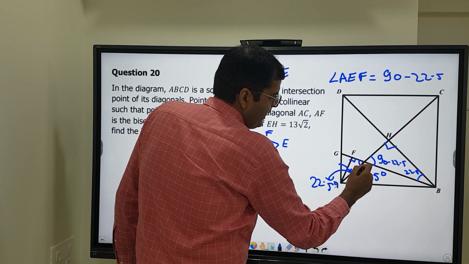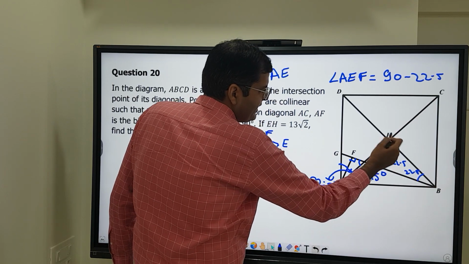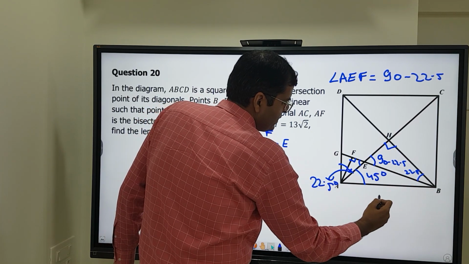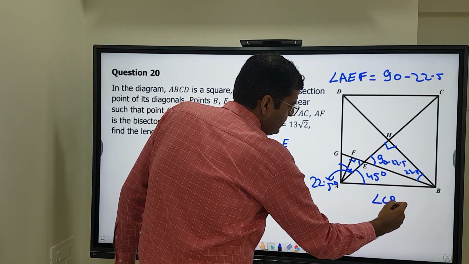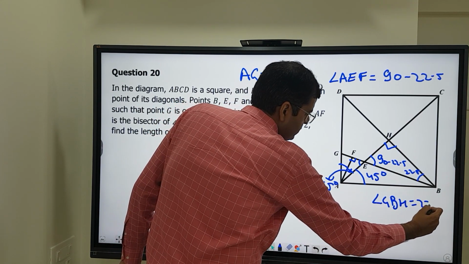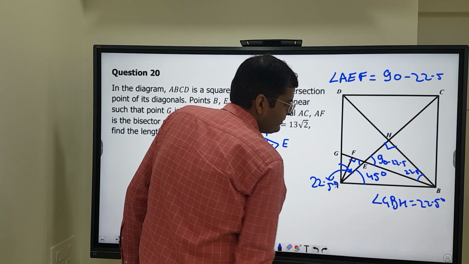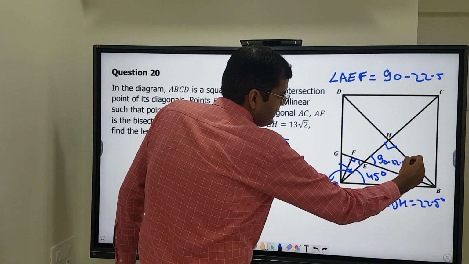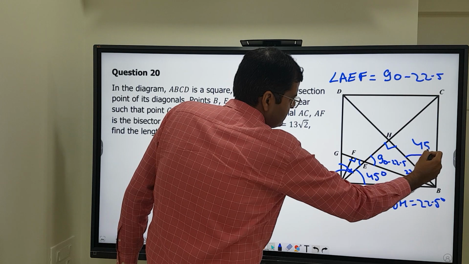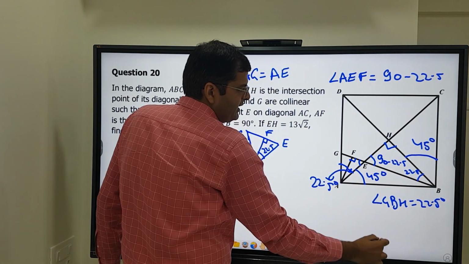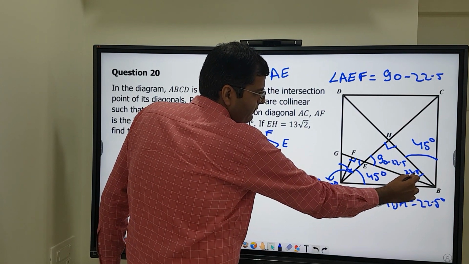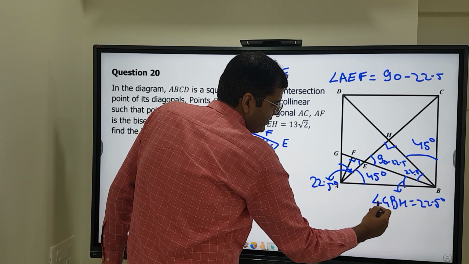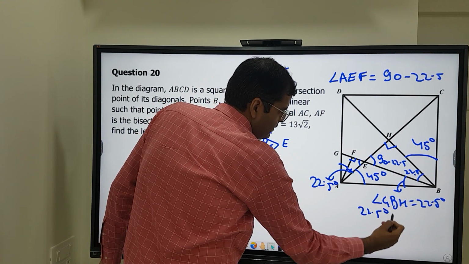So angle GBH is equal to 22.5 degrees. This entire angle is 45 degrees, and this whole thing is 90 degrees. So if this is 22.5, the remaining part should also be 22.5 degrees.